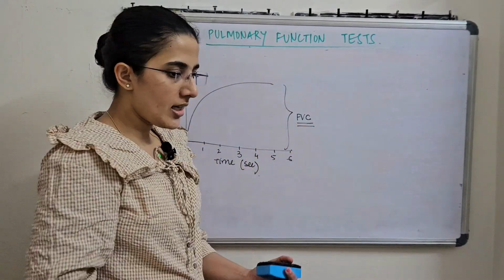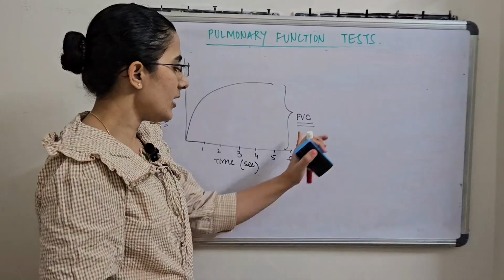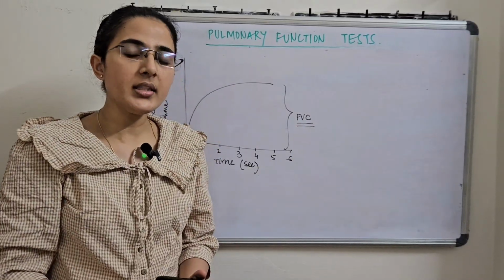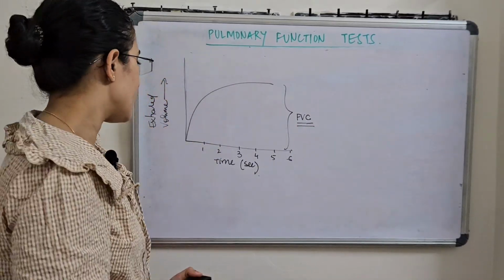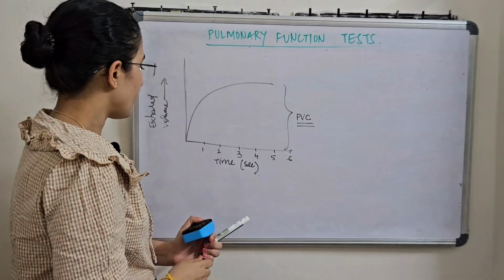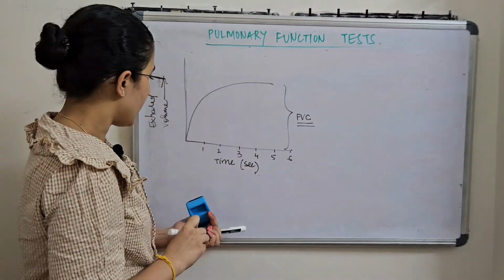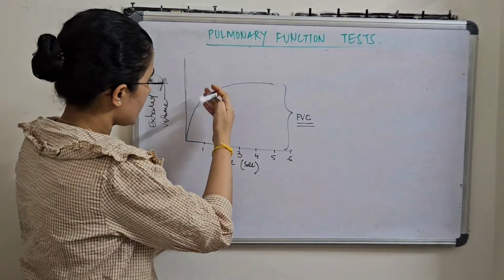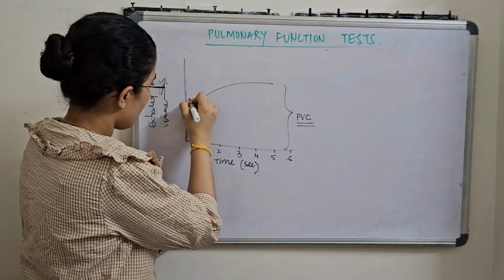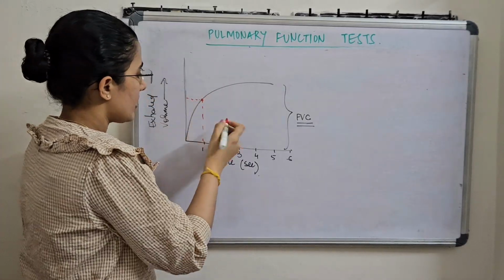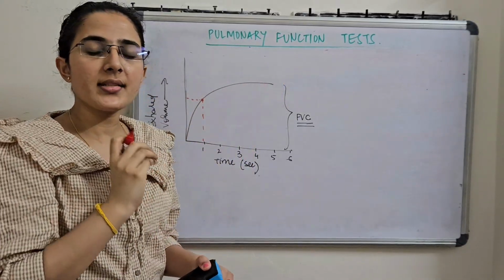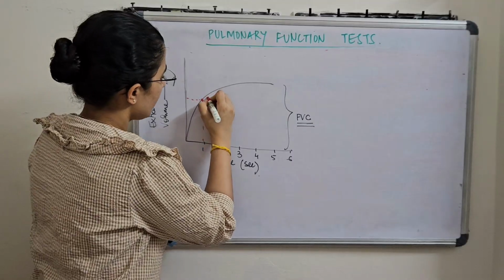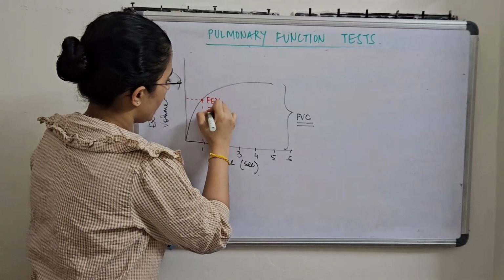This FVC is decreased in case of an obstructive lung disease. The amount of air exhaled during the first second of this FVC maneuver is called FEV1.